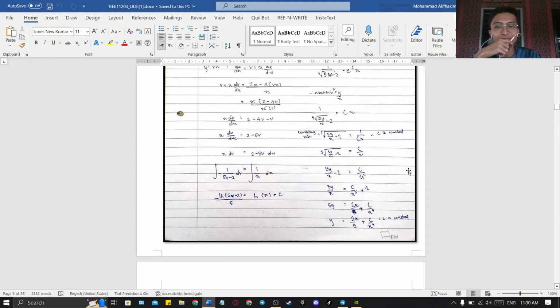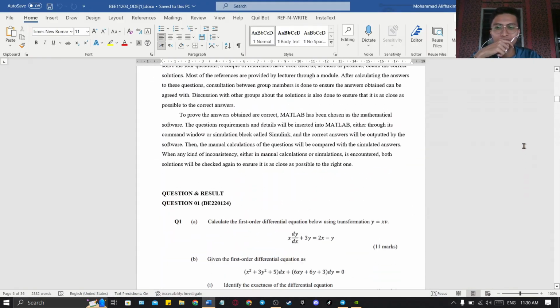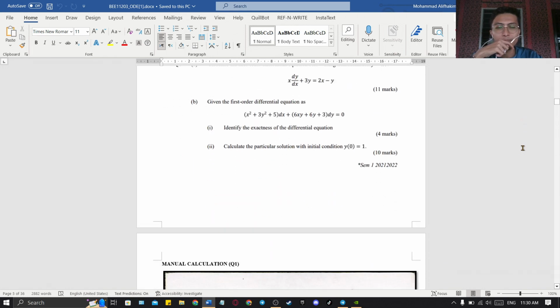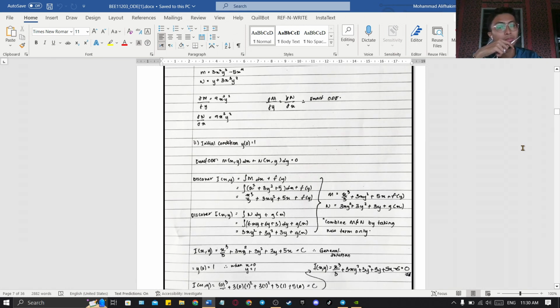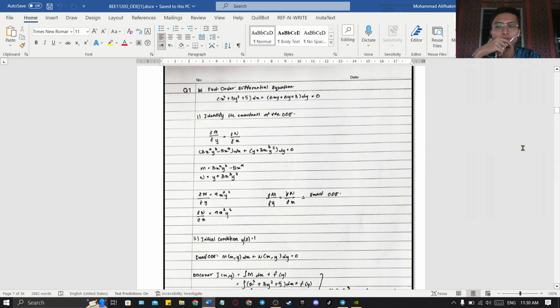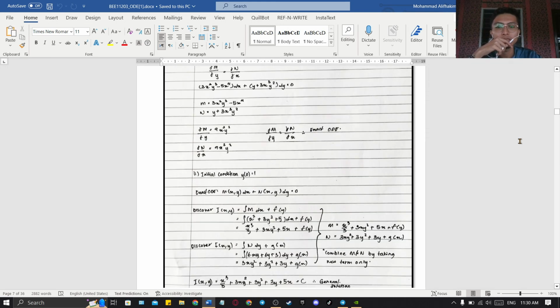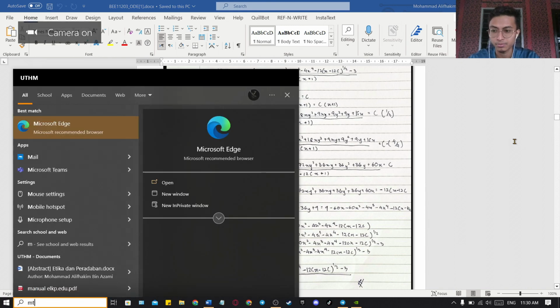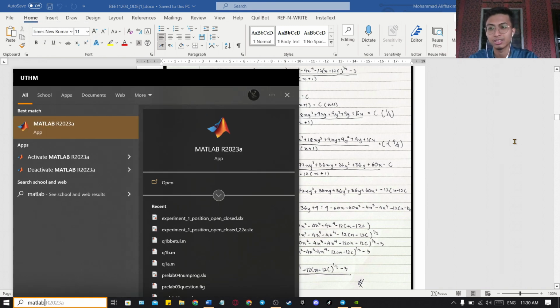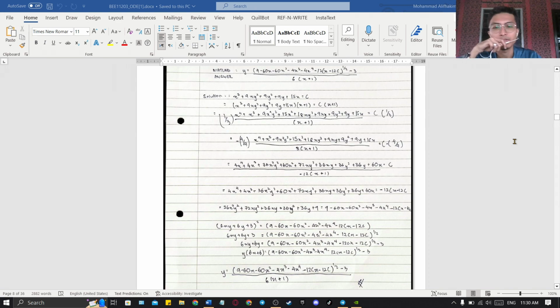Next, we move on to the mathematical software solution. In this case, we are using MATLAB because the university provided MATLAB for free with the license given.